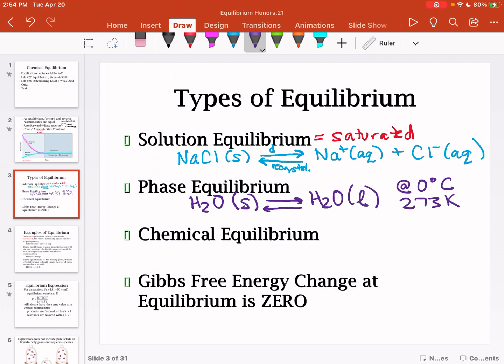So what will be new to us? We've seen solutions before. We've talked about saturated solutions before. We've talked about phase changes before. But what will be new to us is chemical equilibrium. I can tell you that there is a chemical process used to make ammonia. You recall ammonia is free of charge in our bases reference table.